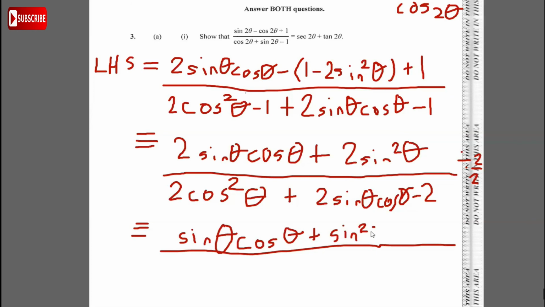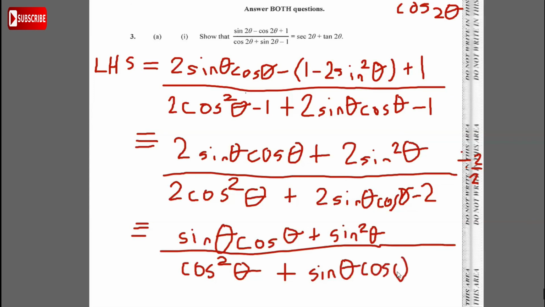Then in the denominator, I divide through by 2 as well, so now I just have cos square theta plus sine theta cos theta. Now remember my objective. My objective is to generate this denominator.